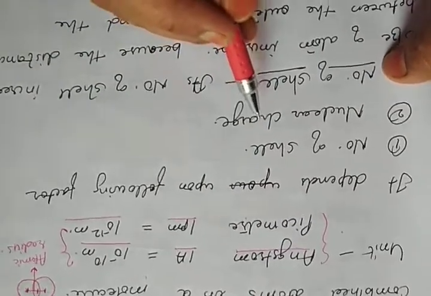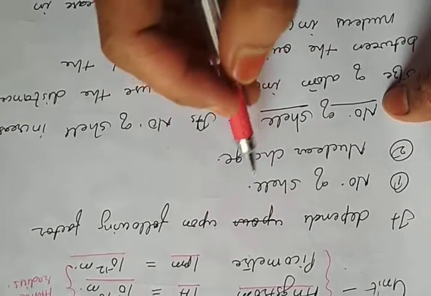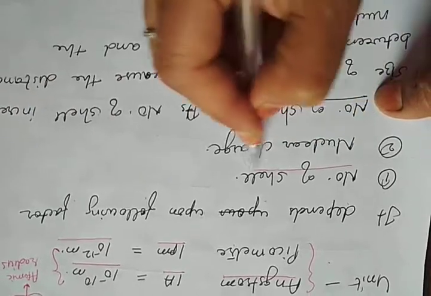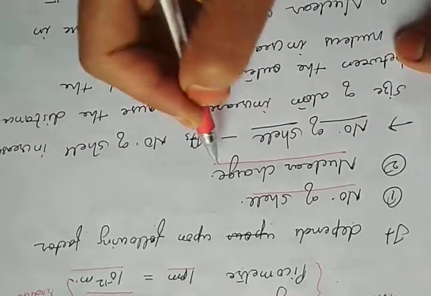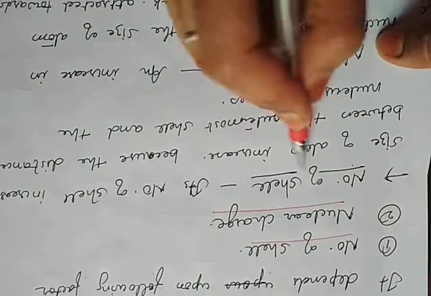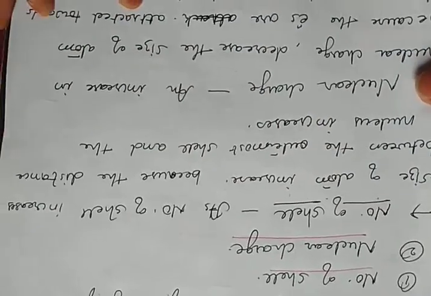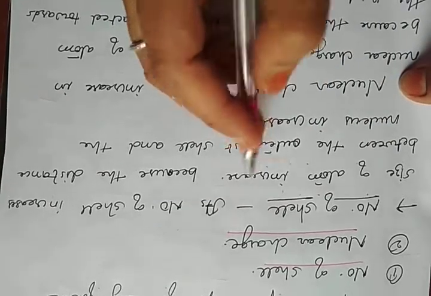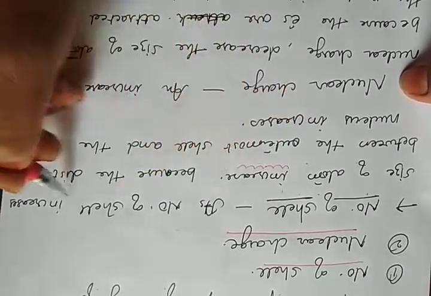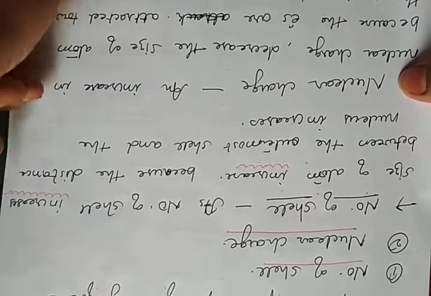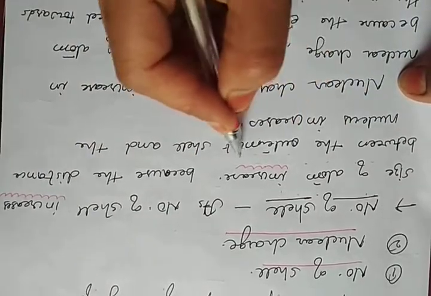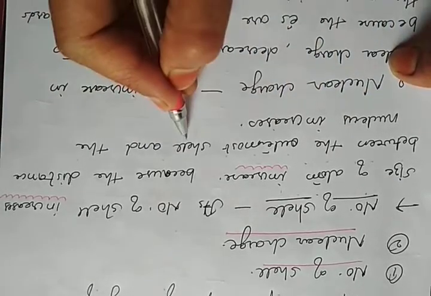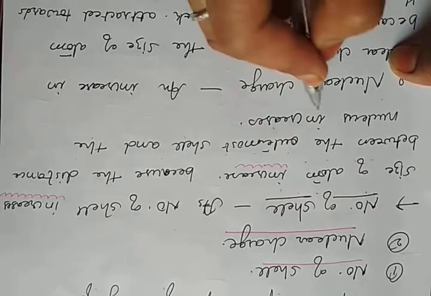Now the factors on which the atomic size depends. The atomic size depends upon the following factors. The first one is the number of shells, second is nuclear charge. Let me consider the first one, number of shells. As the number of shells increases, the size of the atom also increases, because the distance between the outermost shell and the nucleus increases.